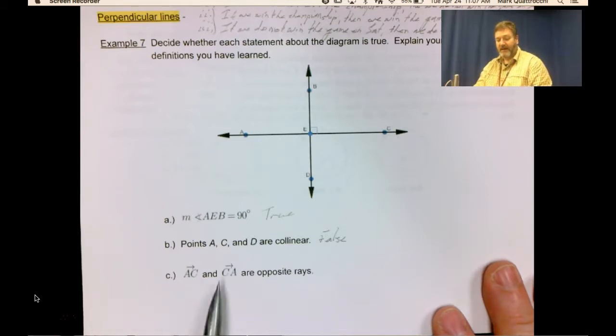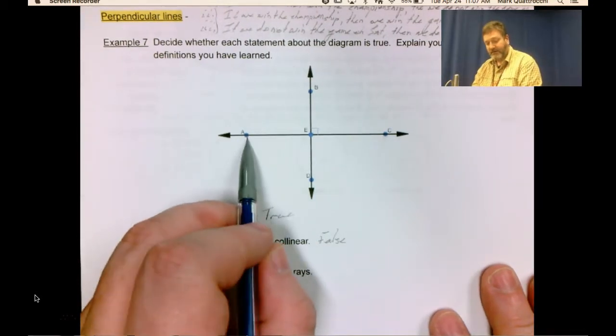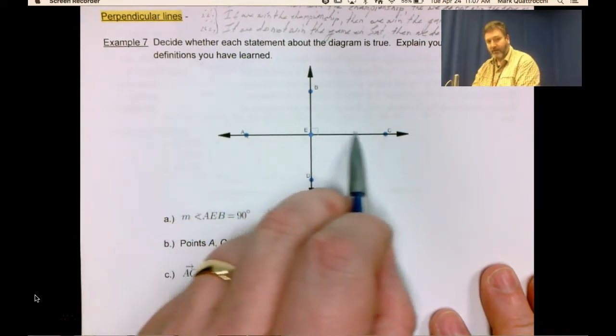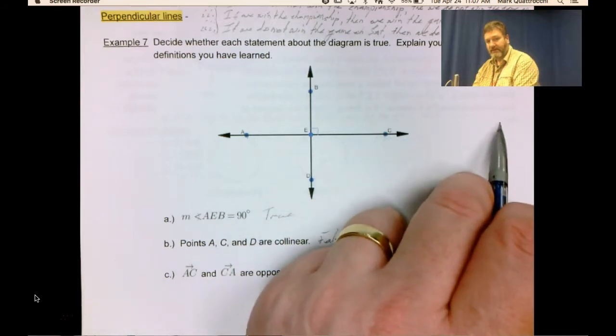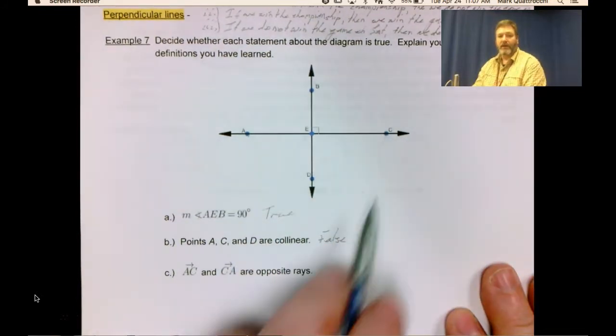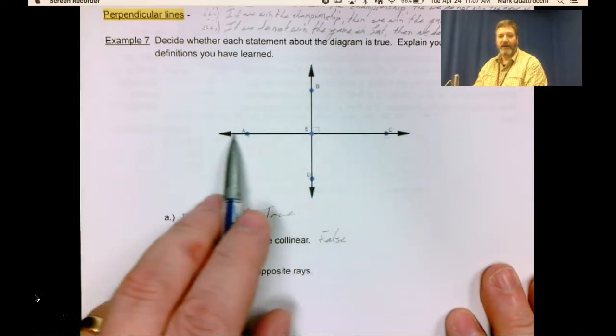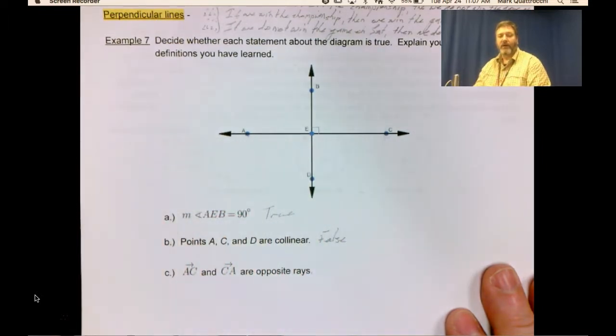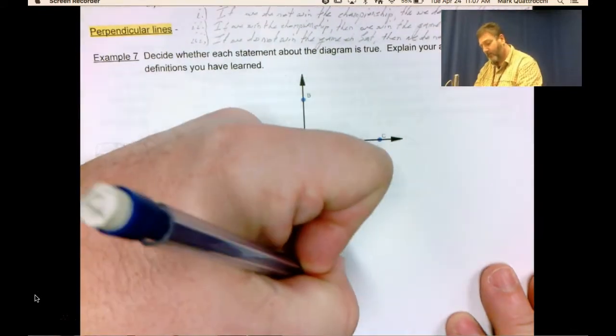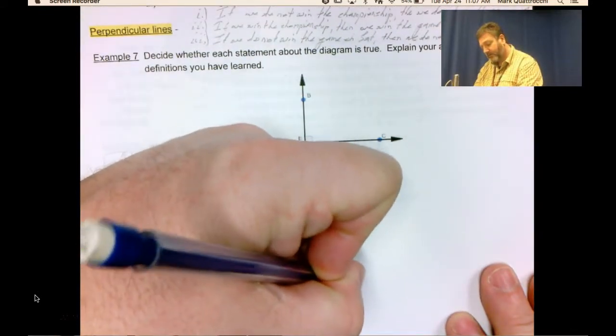Ray AC and ray CA are opposite rays. Ray AC starts here at point A, goes through point C, and continues in this direction. Ray CA starts at point C, goes through point A, and continues in this direction. Are these opposite rays? No. This is false.